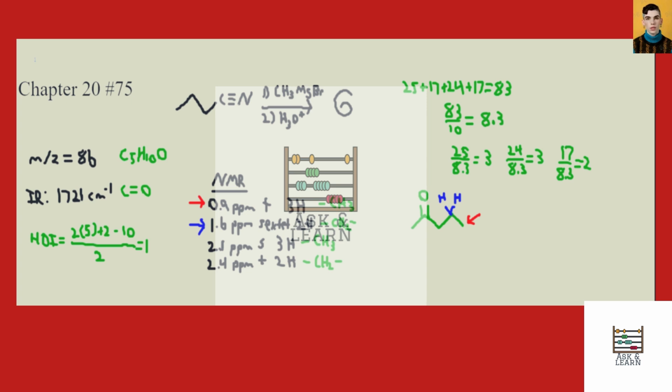That's why that's a sextet. Our other methyl group is right here, alpha to the carbonyl, which is why it's so far downfield. And lastly, our other methylene group is going to be these 2 protons. Okay, so that's the correct structure for G, and that's the answer to chapter 20, problem number 75.